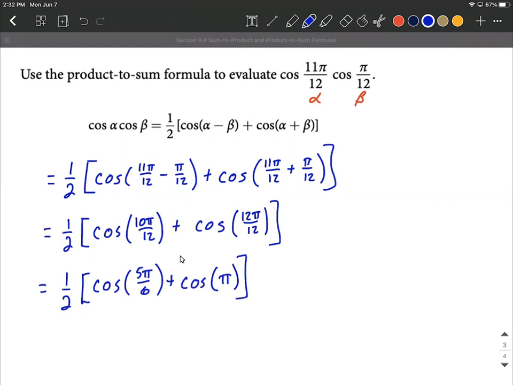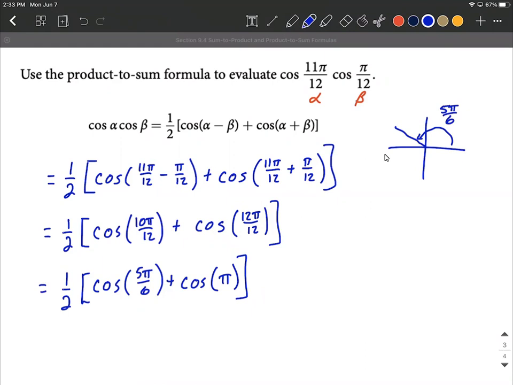Now, to evaluate these, it may be helpful to find a reference angle, at least for the 5 pi over 6. The cosine of pi, that's a quadrantal angle, so we'll deal with that slightly differently. But what I would probably do for the 5 pi over 6 is identify that that's going to be in the second quadrant. It wraps around somewhere into the second quadrant because it's bigger than half a pi, but it's smaller than a whole pi.